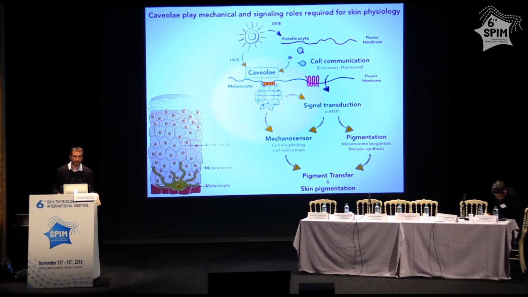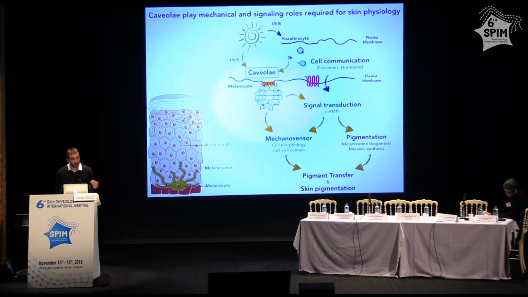Because indeed caveolae are polarized in some areas of the plasma membrane of the melanocyte, meaning that some areas are devoid of caveolae. So if we speculate a bit, we can imagine that some signal transduction might be more activated in some areas of the cell or more downregulated in others. And the same would be true for dendrites and plasma membrane plasticity.